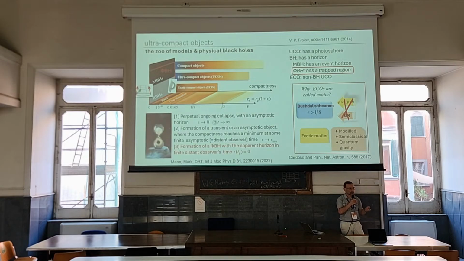But if we look at it again from the logical perspective, we can have three possibilities. Never-ending asymptotic collapse, like the classical solution. Purpose-built ultra-compact objects with compactness, at finite or asymptotic time, slightly bigger than the black hole of the same mass. Or, to formulate, for example, the information loss, we need them to be formed at finite time. And it looks like an innocent requirement, but it isn't.